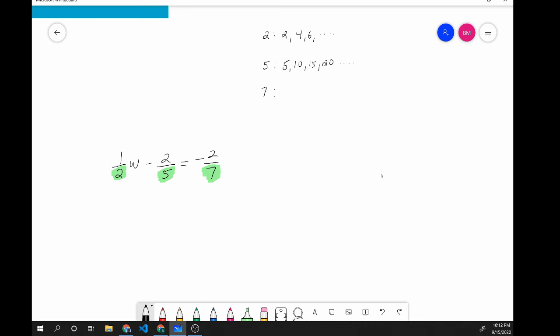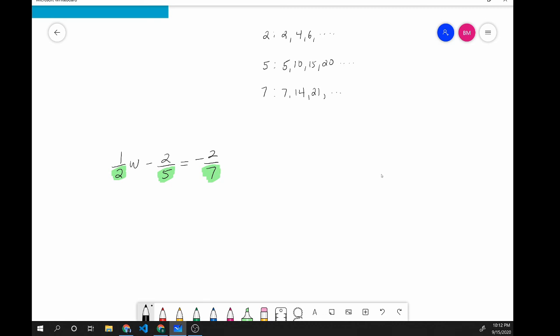And same with 7. 7 times 1, 7 times 2, 7 times 3, and so on. Now, in some cases, you will find that pretty quickly. In other cases, such as this particular case, it won't happen until 70. And I won't explain how I know that, but the lowest common denominator is actually 70.